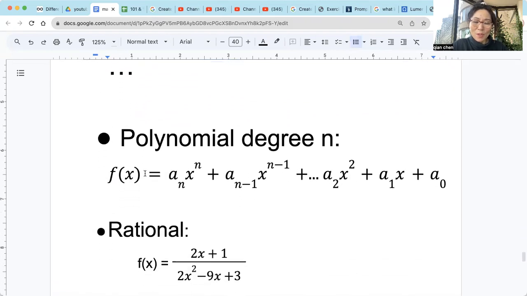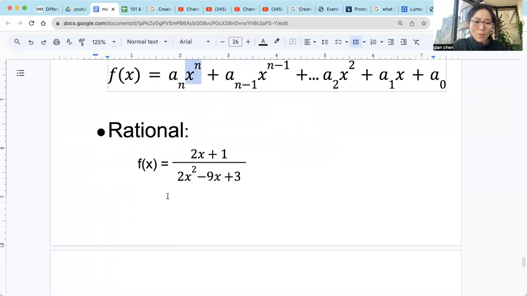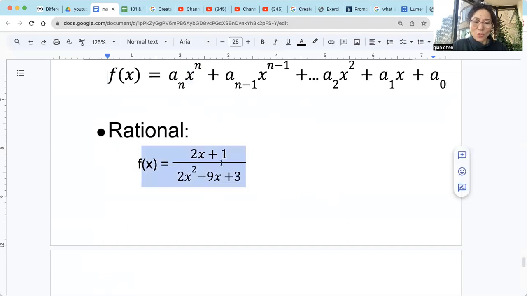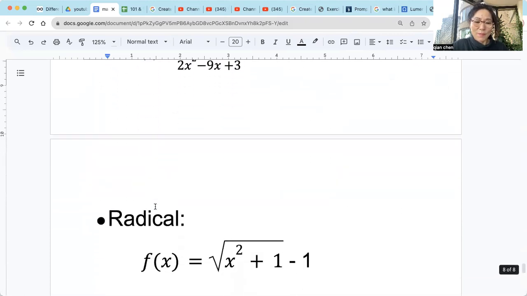So for a polynomial function of degree n, we have f of x equals such a polynomial expression, and the leading term is a_n x raised to the n-th power. Rational functions, we have rational expressions, then we have f of x equals that. We see this is the equation, but it's limited to f of x, so it makes a function.